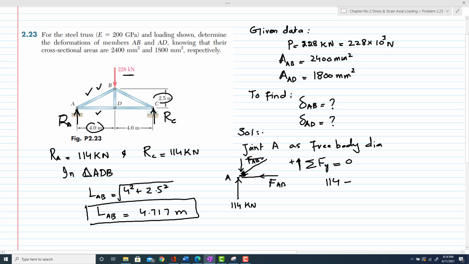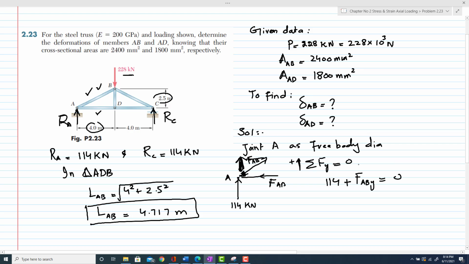Let's take this as the positive direction, so this force will be upward. This FAB vertical component will be plus, equal to 0. Clear?